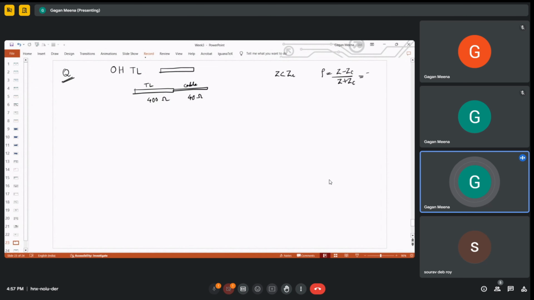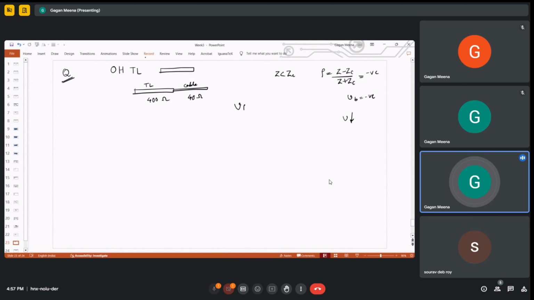Since Z is less than ZC, it is negative. So VB becomes negative, and because it becomes negative, the voltage reduces. That is why, if we want to reduce the voltage, can we use a short cable?